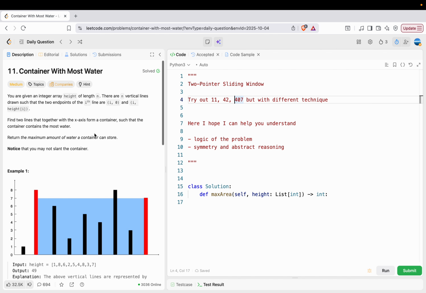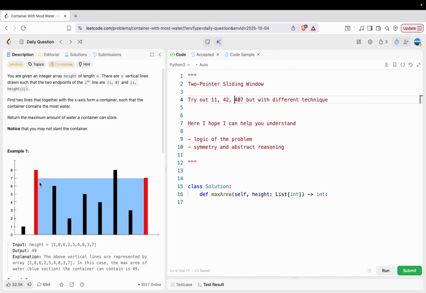So here, basically, we want to trap as much water as possible. The water is actually determined by the area between the two bars. If you know the height of the two bars, then the area will be the width, which is the difference of these two, times the height. The height will be the shorter one between the two ends, right? That's the main point.